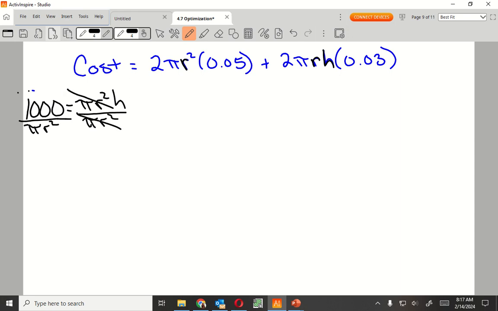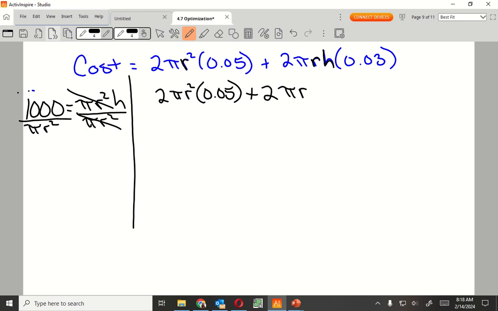So where my h is, I can replace it with this. Okay? So let's go ahead and rewrite this. So this is going to become 2 pi r squared times 0.05 plus 2 pi r.